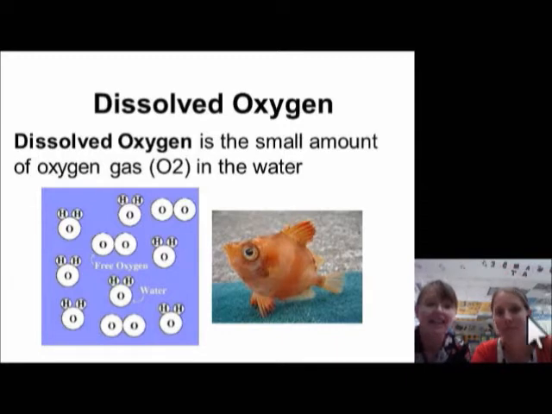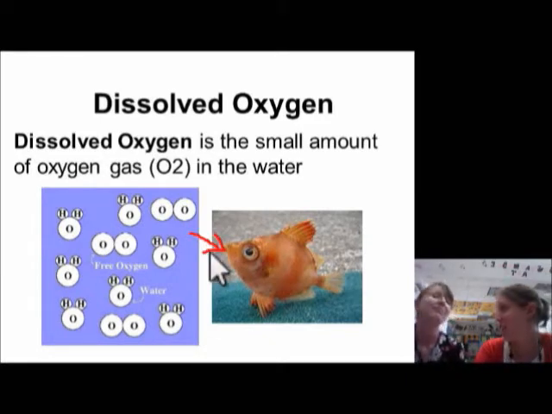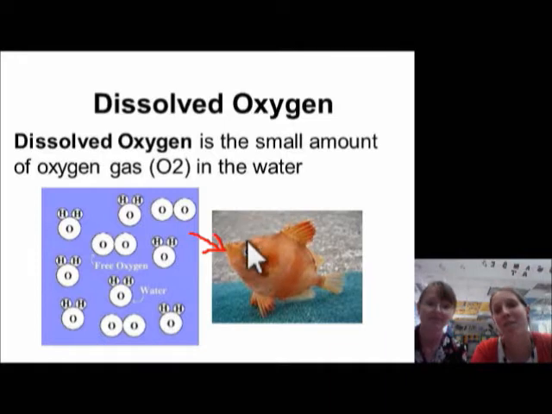Basically, it just means that the water is having the oxygen pushed in, and that's the oxygen that the fish need to live. All right, so these fish are happy when there's lots of dissolved oxygen. Exactly. And if there's not enough, then they are dead. Really important that we have dissolved oxygen.